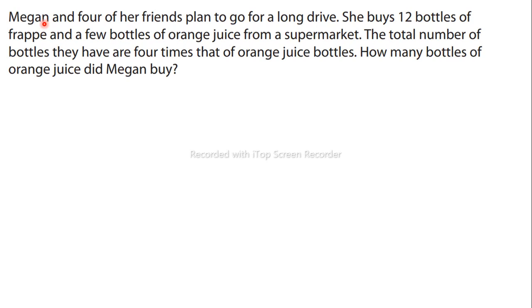Okay. Megan and four of her friends plan to go for a long drive. She buys 12 bottles of frappe and a few bottles of orange juice from a supermarket. The total number of bottles that they have is 4 times that of orange juice bottles.